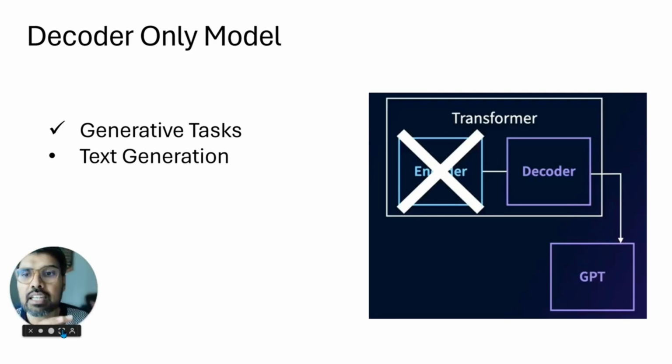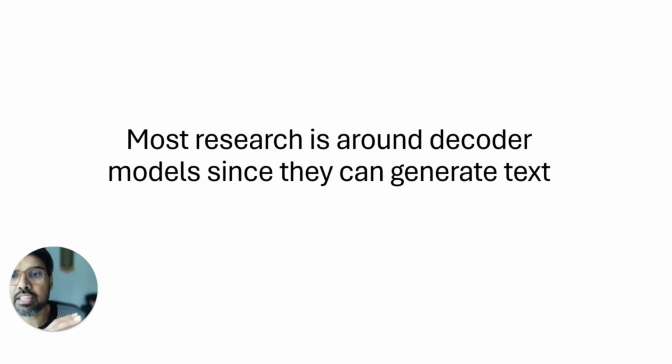Decoder models are good for generative tasks, and most of the research has been around decoder models. Why so? Because decoder models are able to generate text. They are more useful as chatbots or virtual assistants, and that is why there is a lot of research in this space.